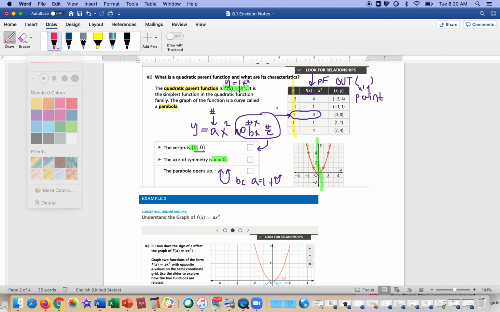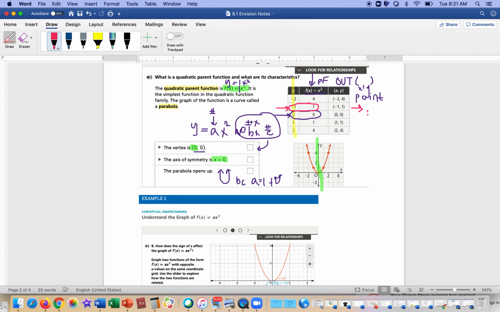So what happens is when they plugged in -1, their output was 1. When they plug -1 into x squared, for example, you would get parentheses, -1, squared, which is -1 times -1, which is 1.